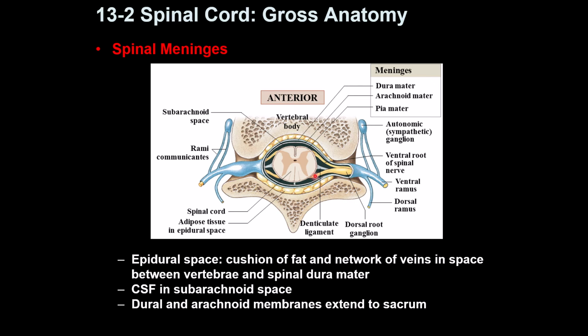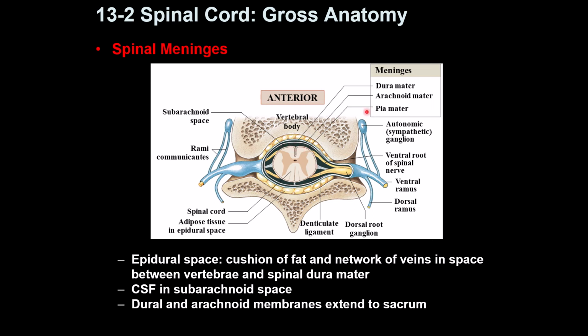So the spine is covered by three different types of meninges. Meninges are connective tissues. So from deep to superficial, we start with this one that is called pia mater, and that is attached to the spinal cord itself. Then you have this one, the middle one, and this is called arachnoid mater.